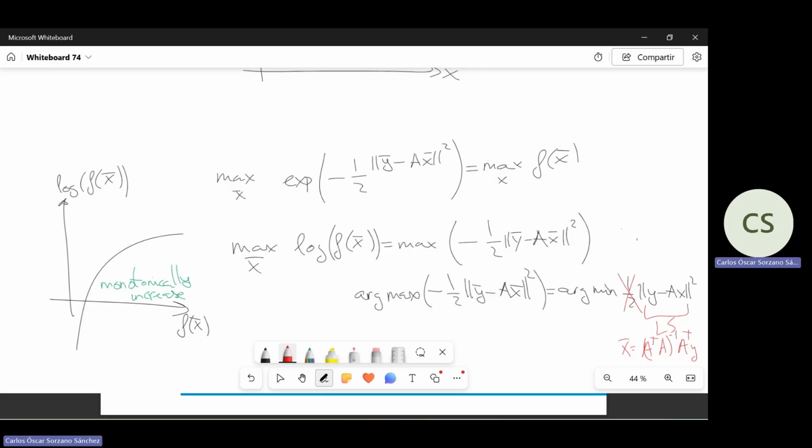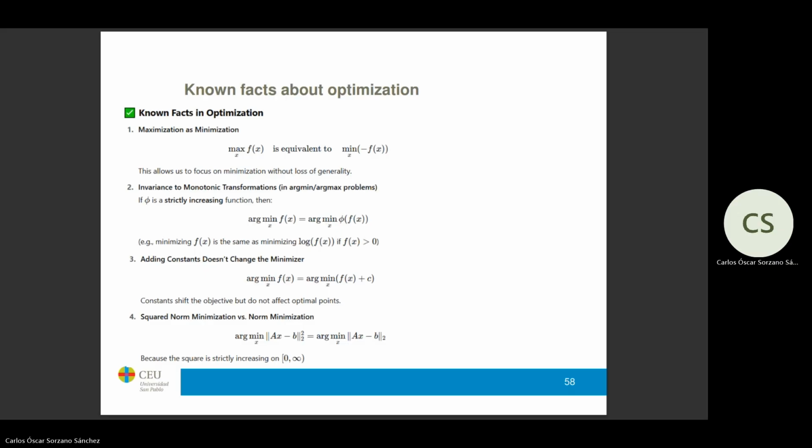So we have turned a very complicated problem into something that is extremely easy to solve. I'll come back to maximum likelihood. And that happens for all strictly increasing functions, so all monotonic transformations.